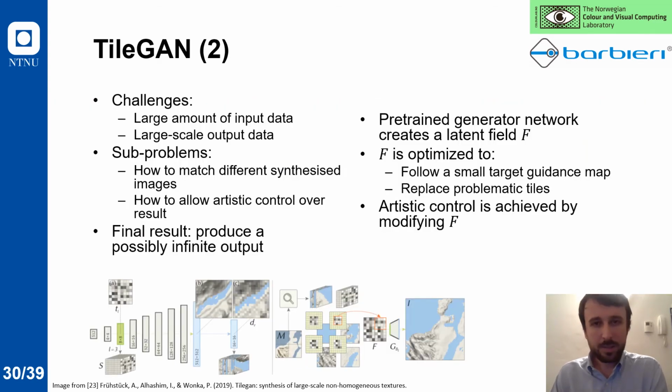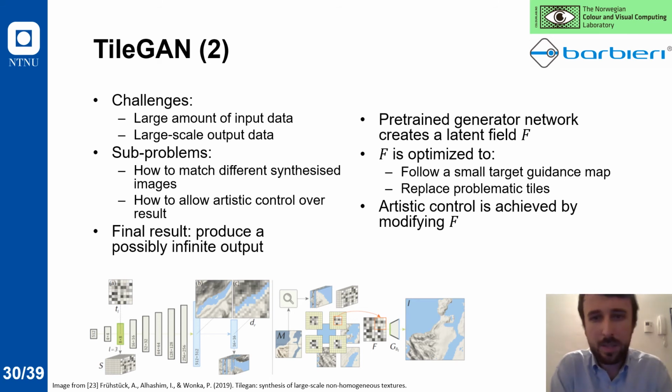As the name suggests, the TileGAN is based on a GAN network, and it has the aim of producing a very large texture image, given a large amount of input data, such as, for example, the topographical maps as shown in the images.